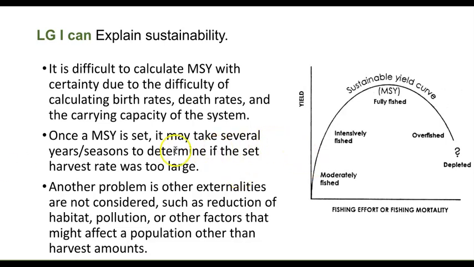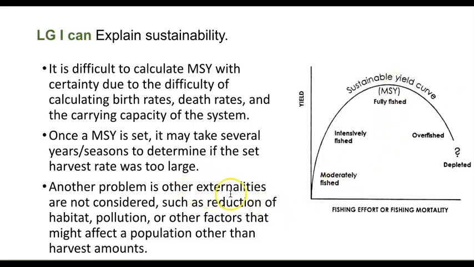So sometimes you may determine, oh, we can take 80,000 pounds of king crab out of the ocean in Alaska. But maybe 2 years later, when the populations didn't recover, we go, oh, that was too much. And so we adjust. So sometimes we don't know until later that our maximum sustainable yield wasn't quite correct.